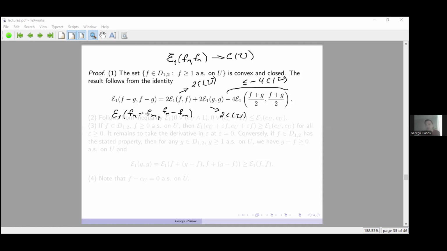And this limit is exactly EU. Actually, this inequality also shows the uniqueness of EU.